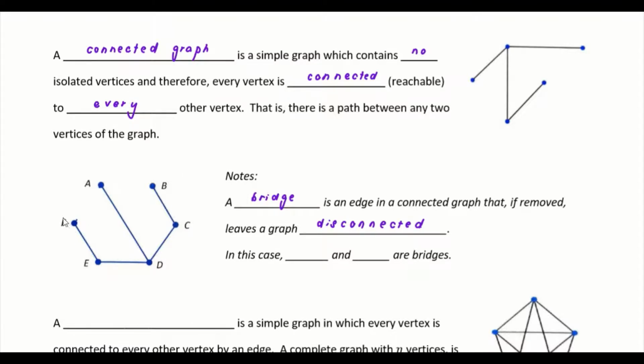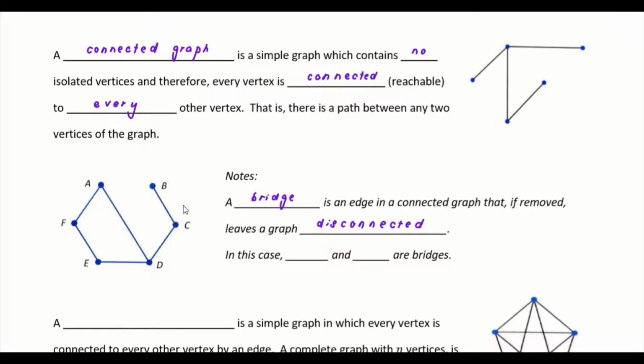Yes, there is no isolated vertex and every vertex is still connected to every other vertex. So AF is not a bridge. Now what if I remove DE? Everything is still connected, so this is still a connected graph, and DE is not a bridge either.